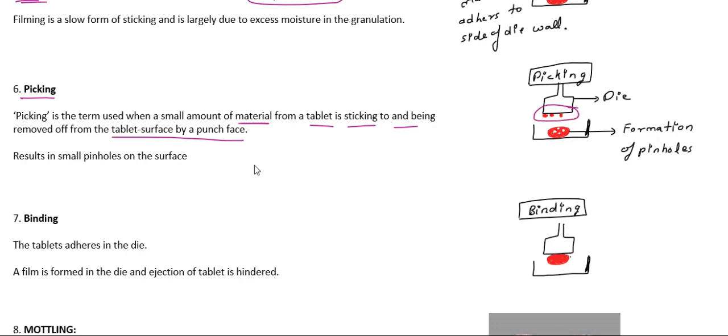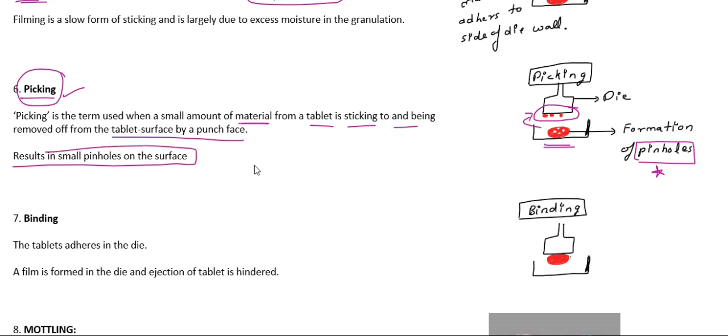So this is the punch face of the die, and when the die is removed from that region, small pieces will get adhered to the surface of the die. So what happens to the tablet is that it will result in the development of pinholes. Pinholes means on the surface of the tablet you will be able to see small gaps. This is called pinholes. So in which case are pinholes developing? In the case of picking, pinholes are developing.